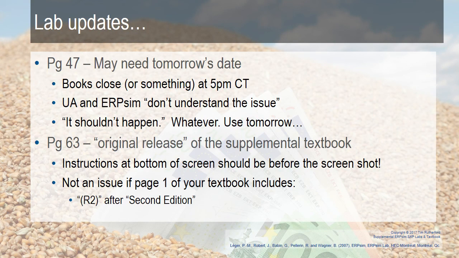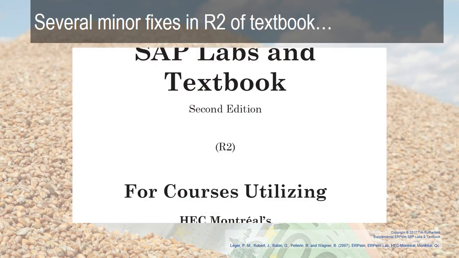So it should say transaction code F-53 and then show the screenshot that's above it. If you have an updated textbook, and you can tell by looking on the very first page of your textbook, if after second edition it says R2, this has already been fixed. So if you have this R2 on your textbook, it has been fixed.